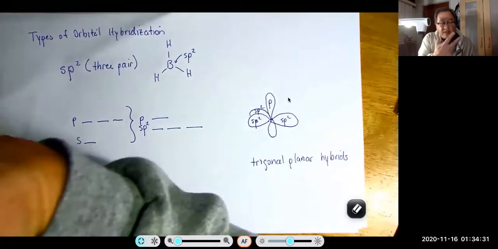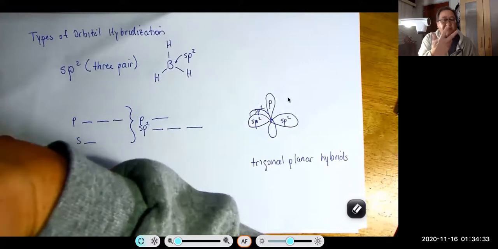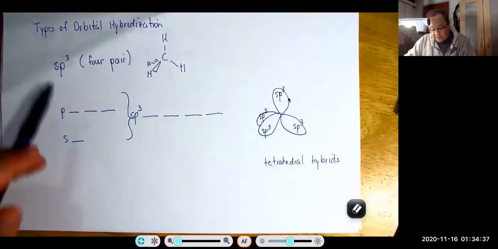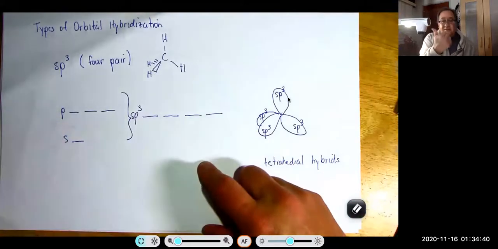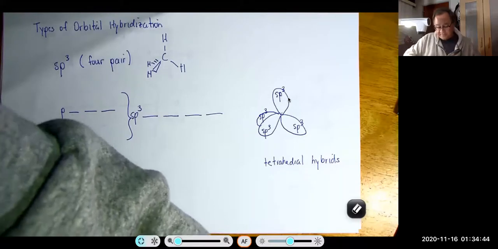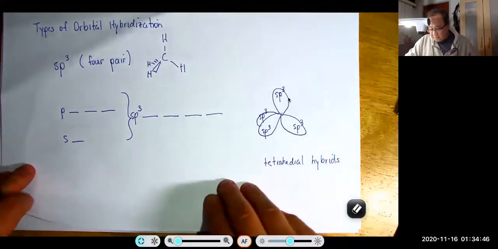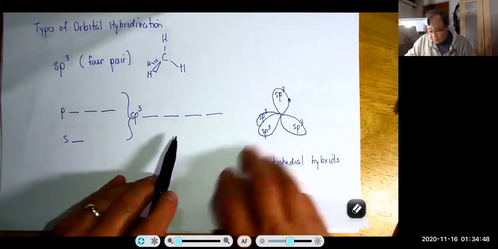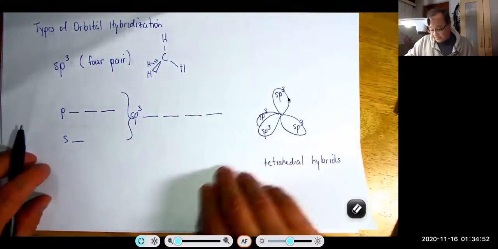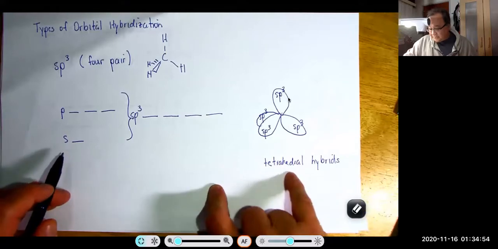We don't say spp, we say sp2. And here, if we have 4 pair, like with this molecule, it's going to be s-p-p-p hybridized, so sp3. And the arrangement of these 4 hybrid orbitals, all of equal energy, or degenerate, as we would say, they're going to arrange themselves tetrahedrally.